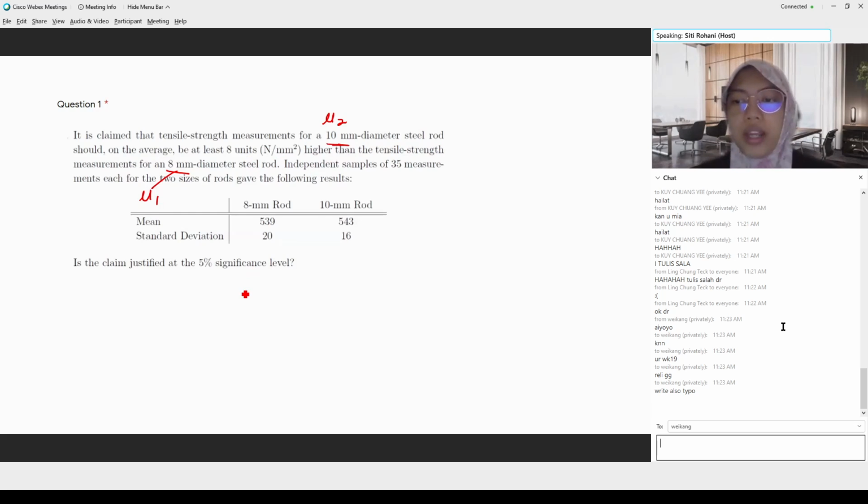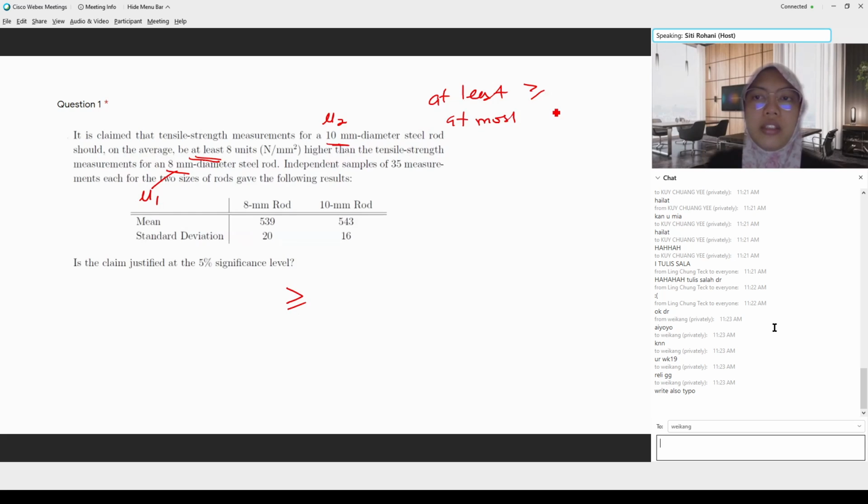Another important thing while doing hypothesis testing is that you should know the symbol for at least. The symbol for at least is this one. At most is this one, correct?